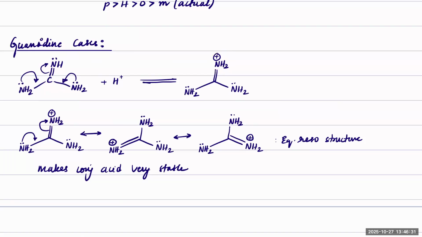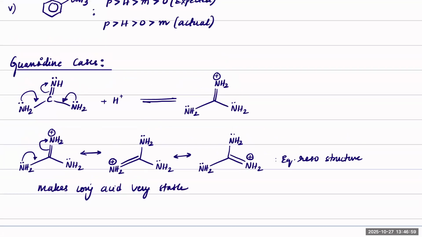And due to the lone pair, movement of this pi bond here, you will get conjugate acid resonating structures, and all of them will look alike because they have equivalent resonating structure nature. Their basic conjugate acids are very, very stable. Now if this is very stable, that means this is highly basic in nature. So guanidine is highly basic in nature.